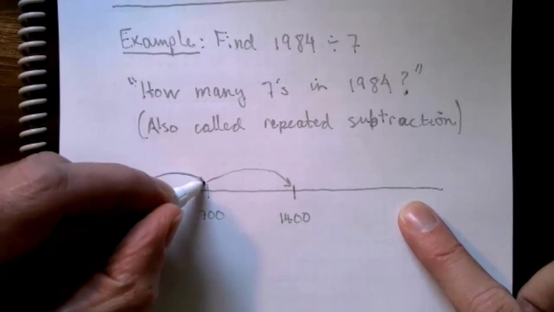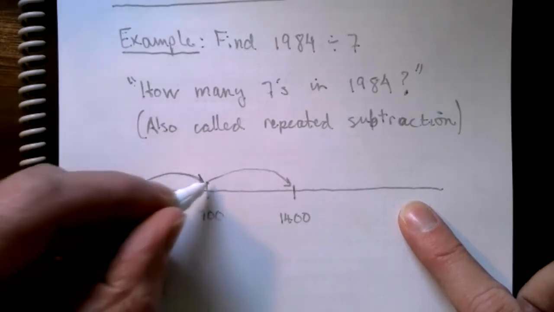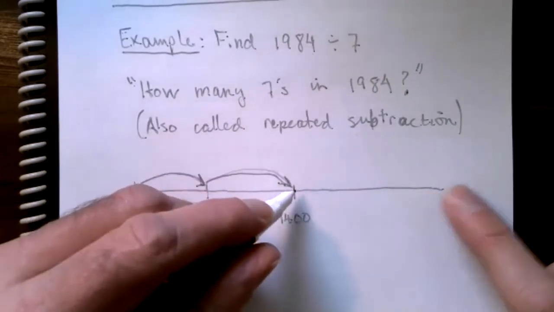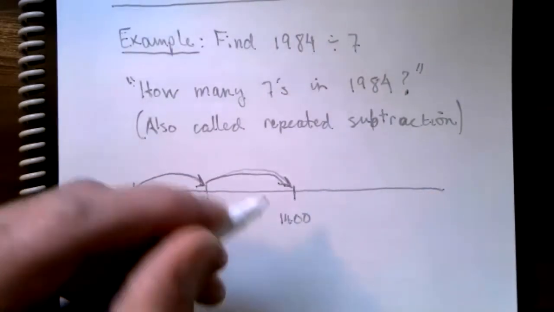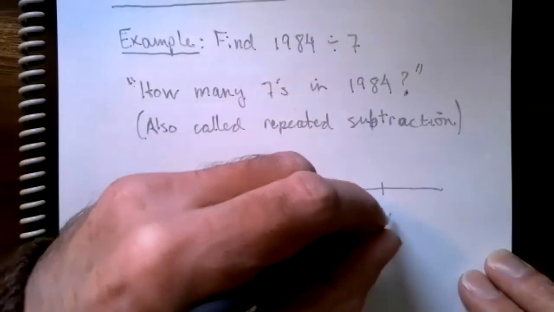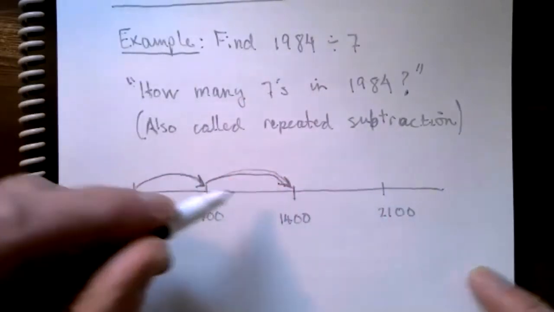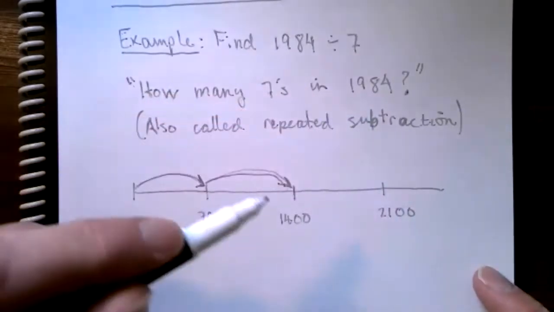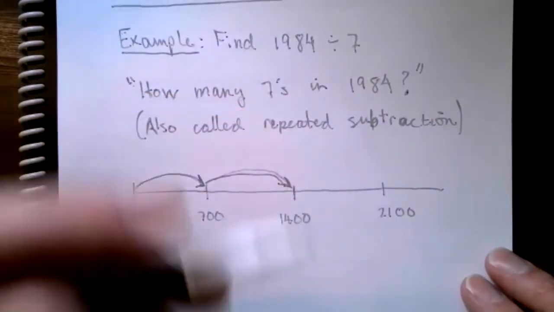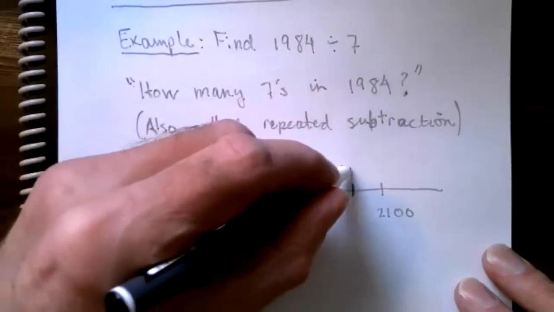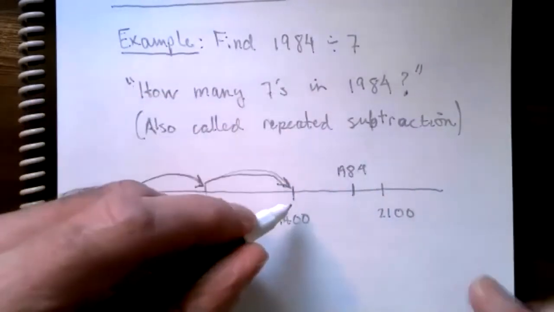Think about taking jumps of 700. 700, 1,400. What would the next one be? 2,100. Right, 2,100. So can I do that? Can I go to there if I'm talking about taking away 700s from this? No, that's too far, right? My number is 1984, and it's right here.